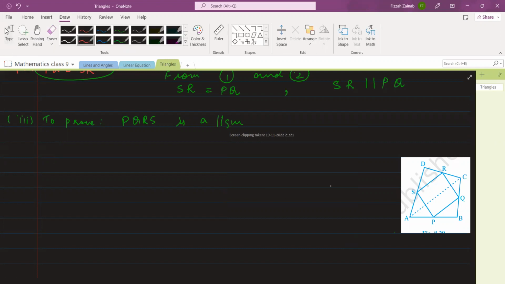All right, now look at the figure. So in previous parts, what we have just proved, that PQ is equal to SR, right? In part 2, PQ is equal to SR. I have just proved. Is that clear?